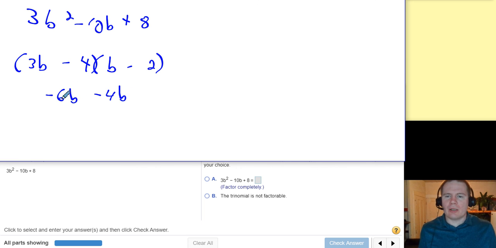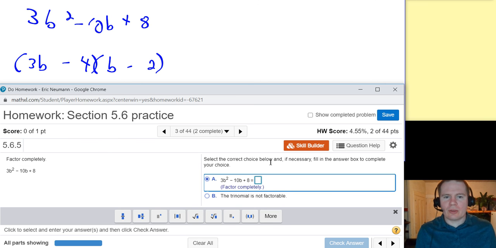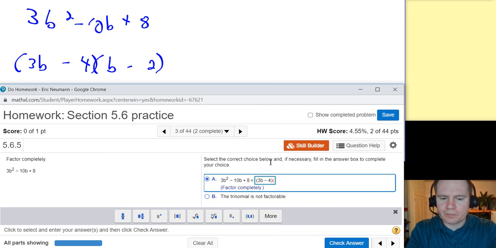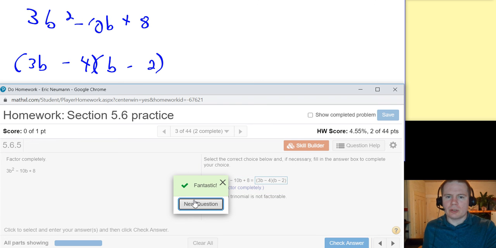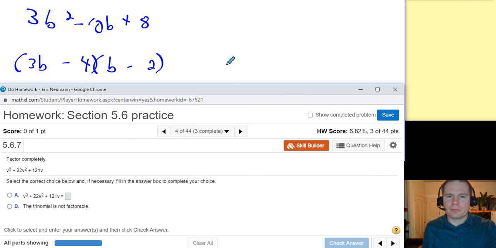Both negative, so they're adding up to negative 10, and that's what we want. So that's it. Often you'll get the feel for these, and your first guess will be correct. And it's almost subconscious.